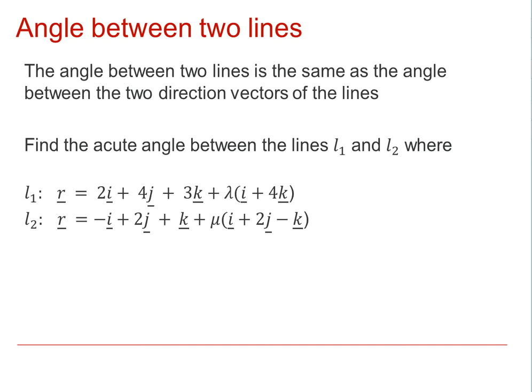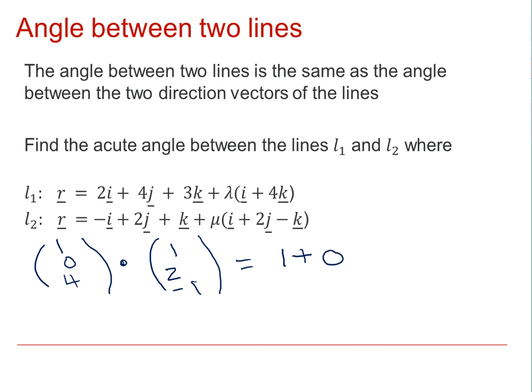The two direction vectors are therefore (1, 0, 4) and (1, 2, minus 1). Taking the scalar product, that gives us 1 plus 2 times 0 is 0, plus 4 times minus 1, which is minus 4, or minus 3.